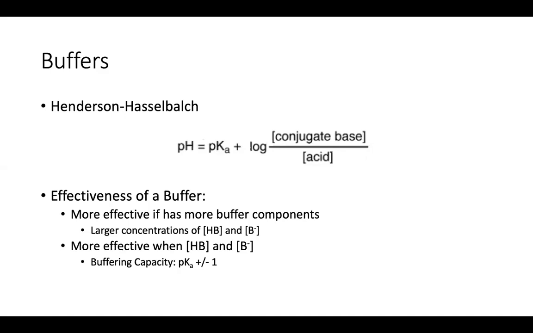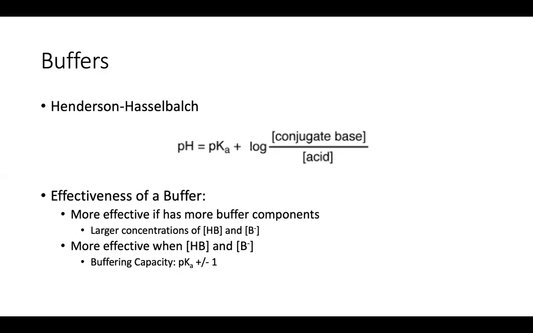Effectiveness of a buffer: for the most part, a lot of these points are more multiple choice key points, what makes it more effective. Having larger concentrations of your conjugate base and acid makes it a better buffer. It is also more effective if it's buffering at a pH close to its pKa.